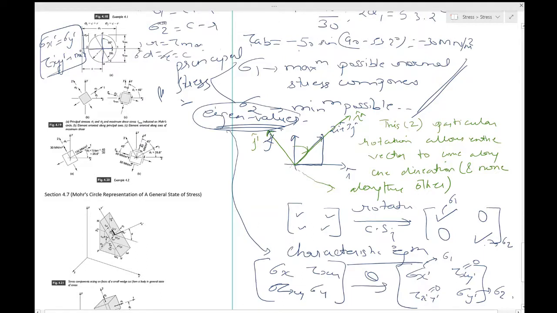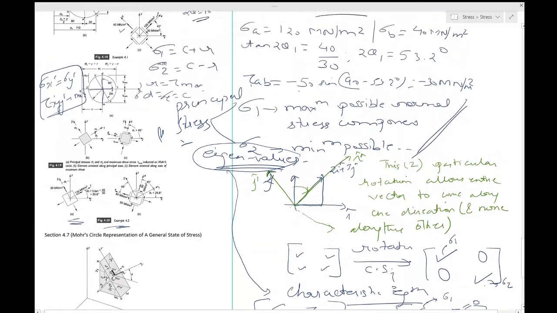So you have a case of this example 4.2 in your textbook, and again, just like the previous times, you have a situation given to you. You have the same example 4.1, and now you are supposed to find the principal axis, the principal stresses and the maximum shear. So basically you start off with this diagram, what you had derived over here.